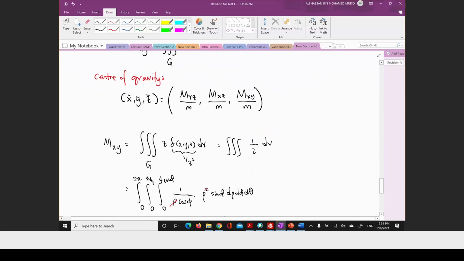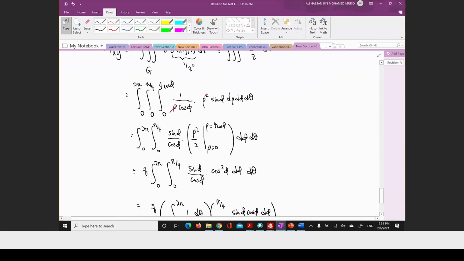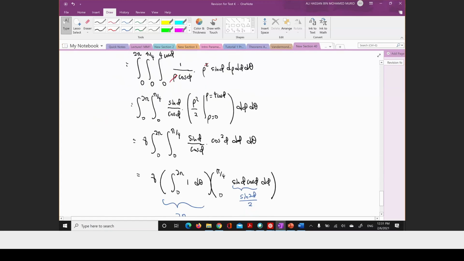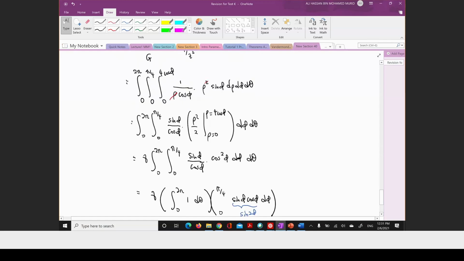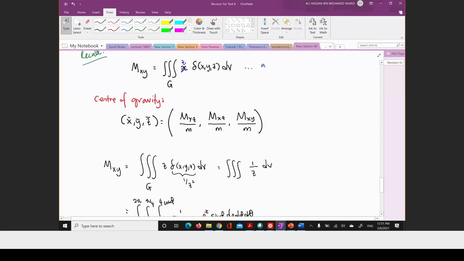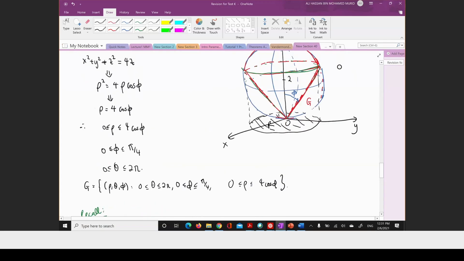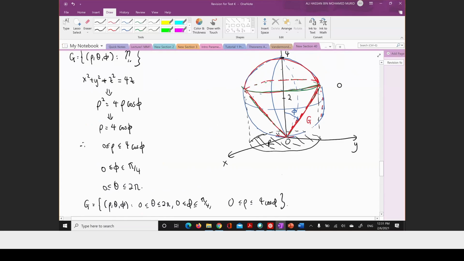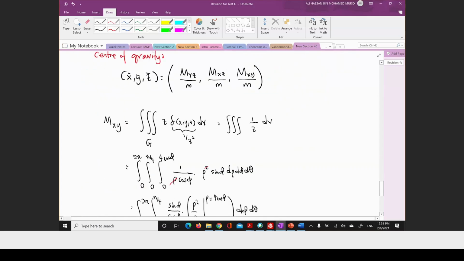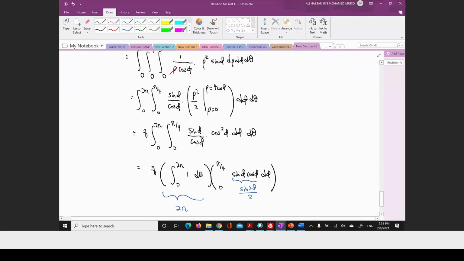Doctor, can we check this again? How come I expect it to be inside the sphere.